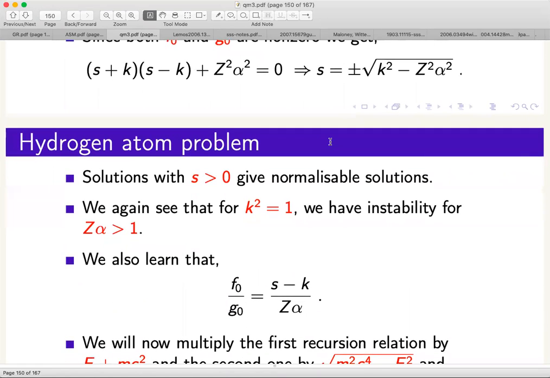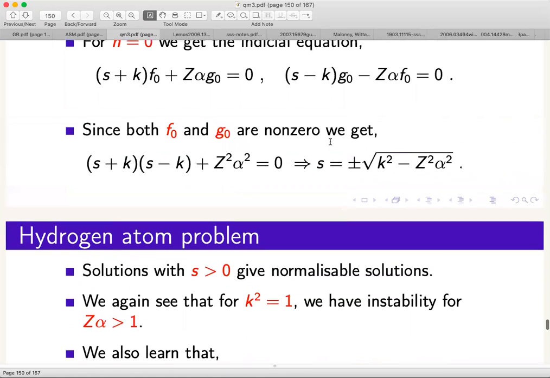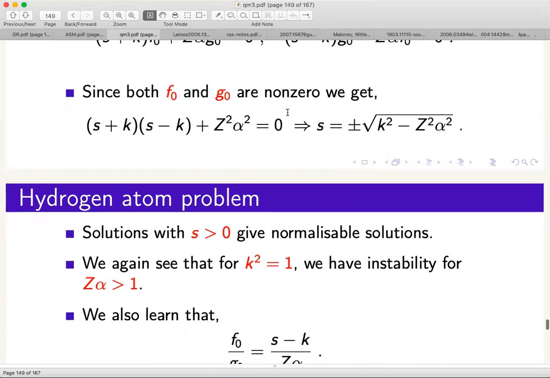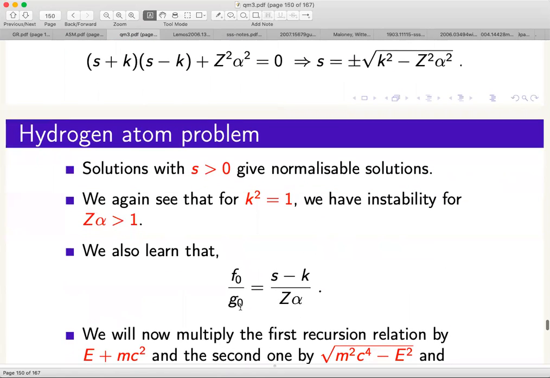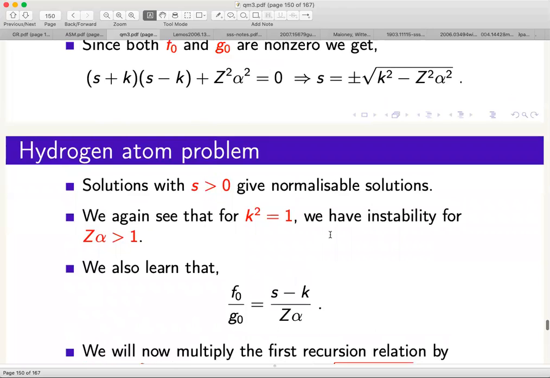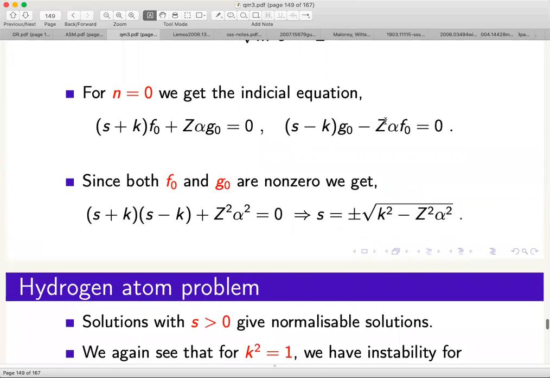Okay, fine. The other thing that we can derive from this is that f0 upon g0 is given by s minus k upon z alpha. Just use one of the equations to write down f0 upon g0.